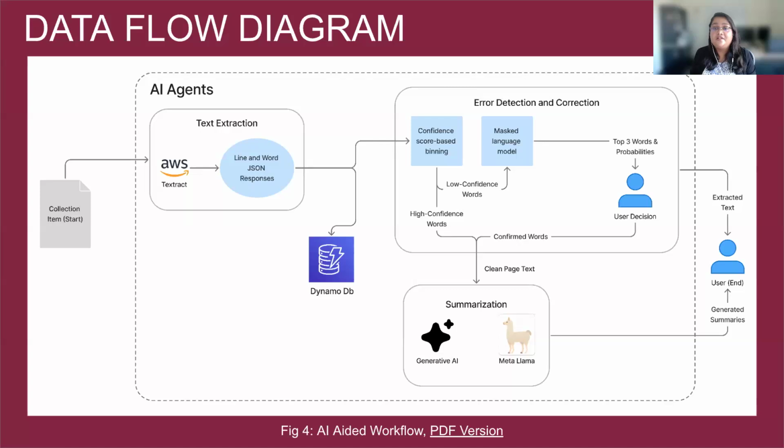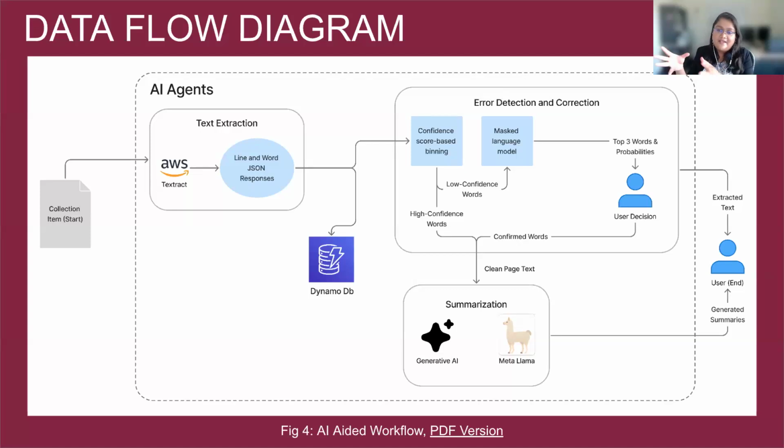So error detection and correction is a module that comes next. Based on the confidence that the model generated, we bin the extracted text, and low-confidence words are then sent to human in the loop, a platform where humans help in correcting those words.